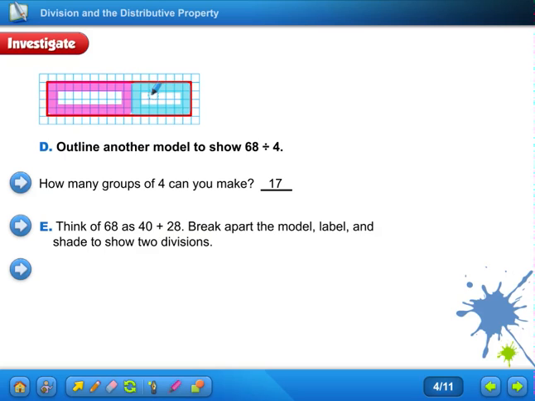So all those in here, and all these over here. So I broke it apart into 2 separate pieces.